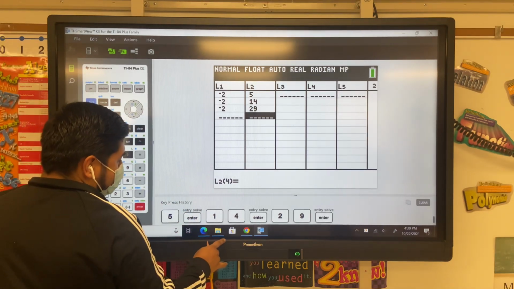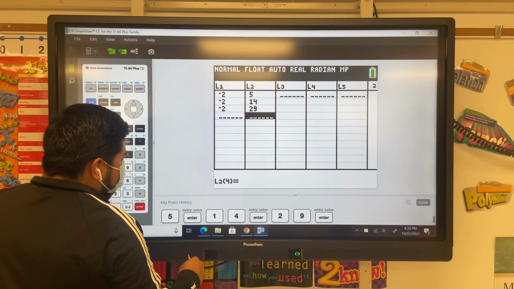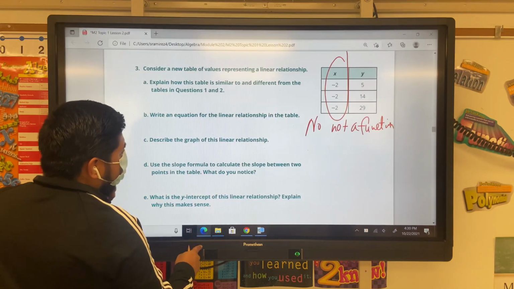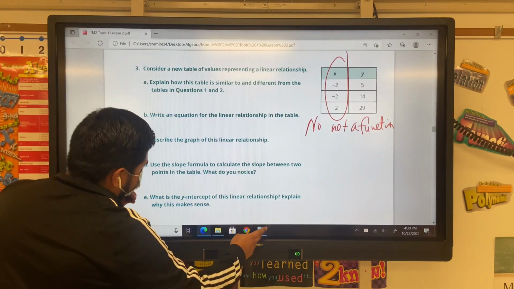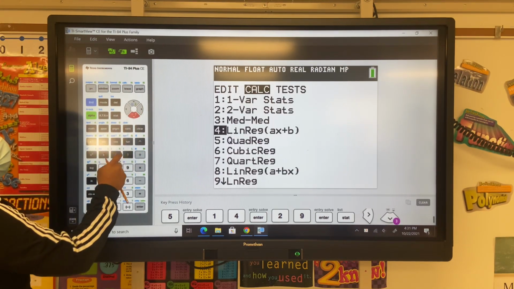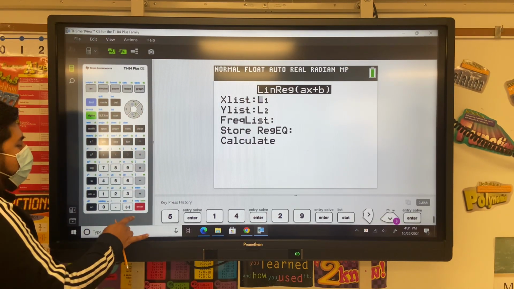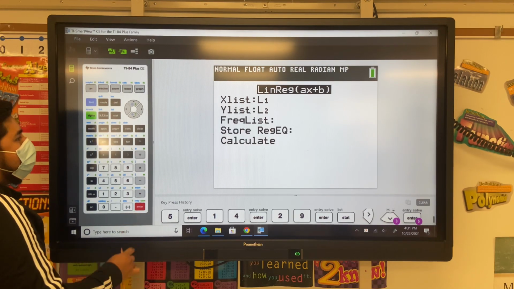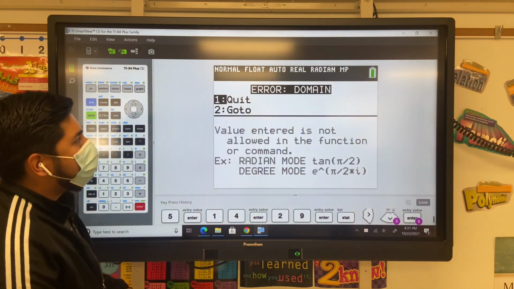Just want to double check. 5, 14, 29 looks good. Stat, calc 4. Enter. Watch what happens when I calculate this. I get an error.